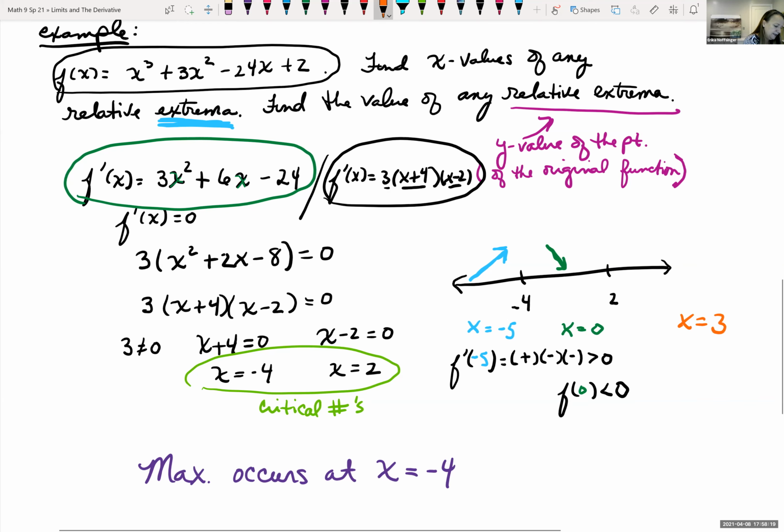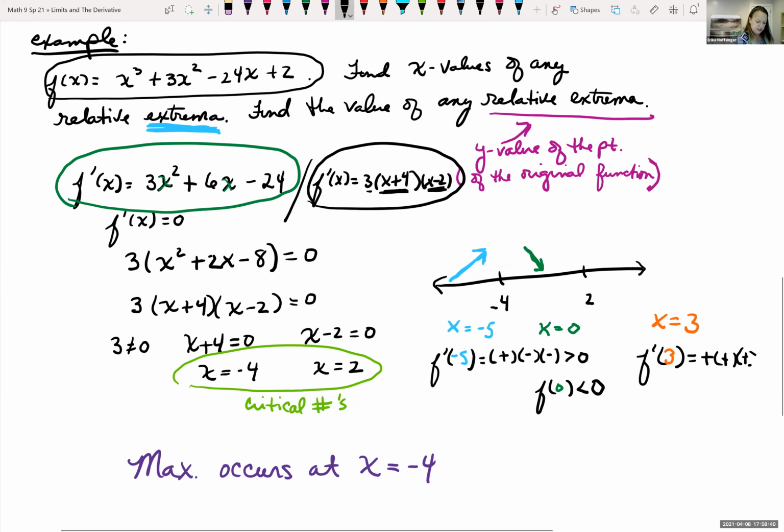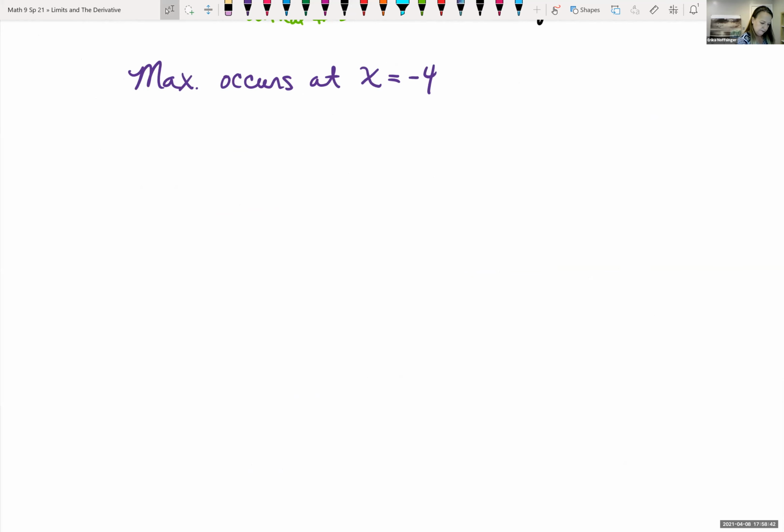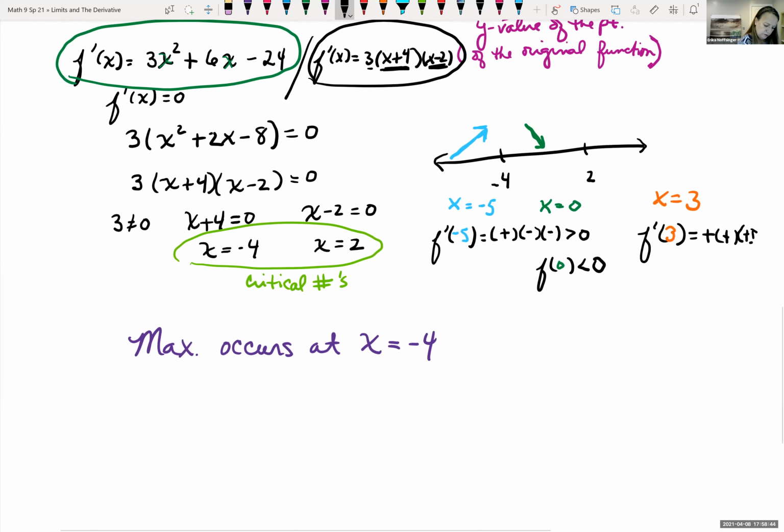If we plug that back into the derivative, the factored form would be faster to see if it's positive or negative. Well, 3 is always positive. 3 plus 4 is a positive number, and 3 minus 2 is also a positive number. So if we multiply 3 positive numbers together, the number is positive, it's greater than 0.